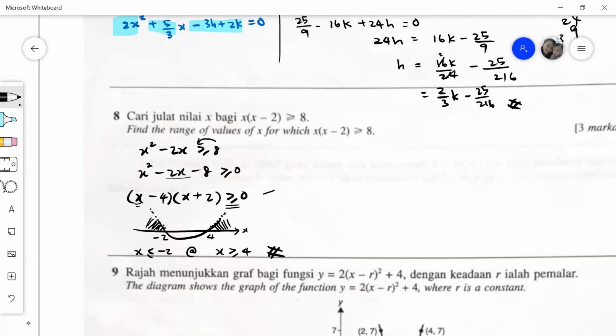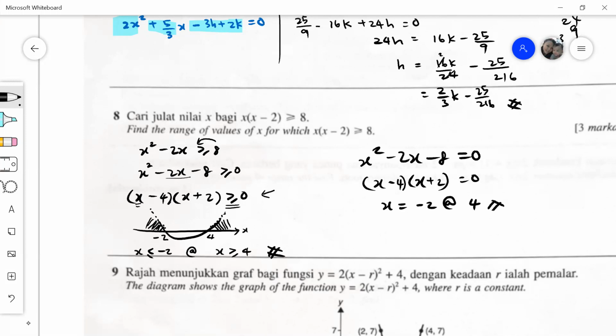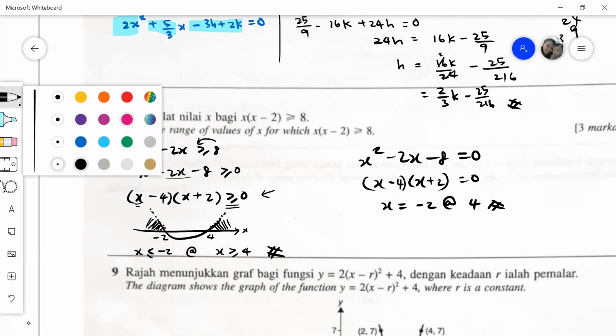Yes. Once you reach here, if this is x squared minus 2x minus 8 equals to 0, normally we will factorize and get our answer straight away, x equals -2 or 4. This is when it is an equation. But if this is an inequality, whether greater or less than, let's say I use less than.